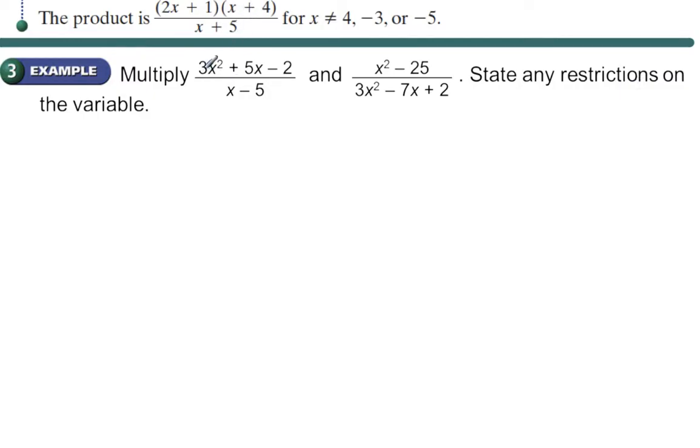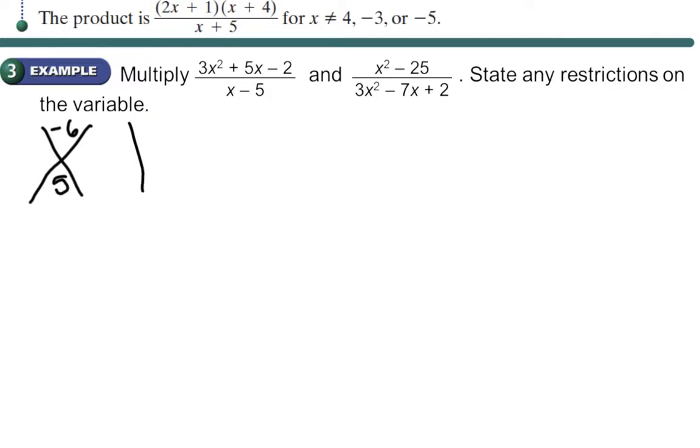Okay, now if we look at this one, we have 3x squared plus 5x minus 2. So the a is 3, the c is negative 2. I need to multiply those together to get the AC, and that is going to give me negative 6, and then in the middle is 5.